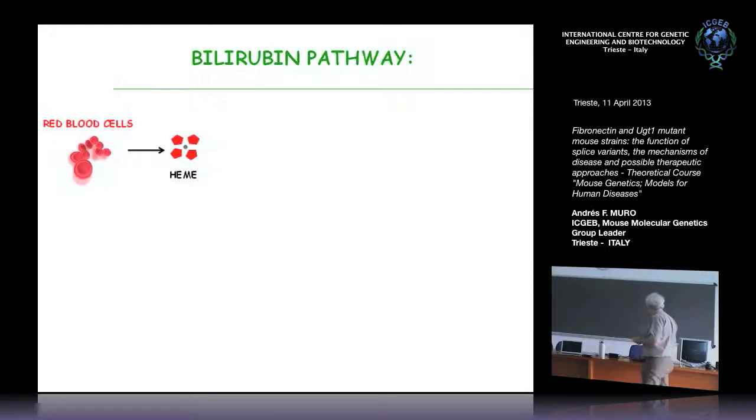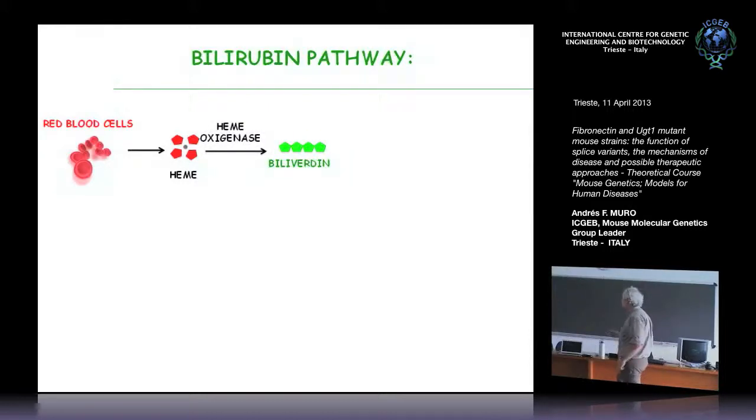Bilirubin is a compound that is the metabolic product of the degradation of heme. Heme is contained mainly in the red blood cells, and also myoglobin and other substances like P450 cytochromes and so on. It is converted into biliverdin by heme oxygenase.